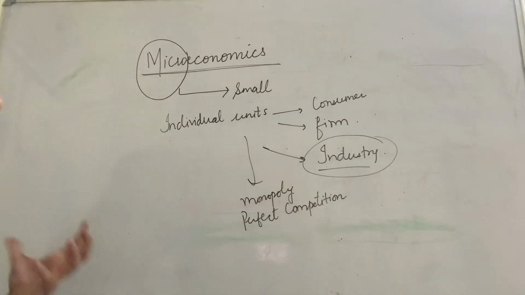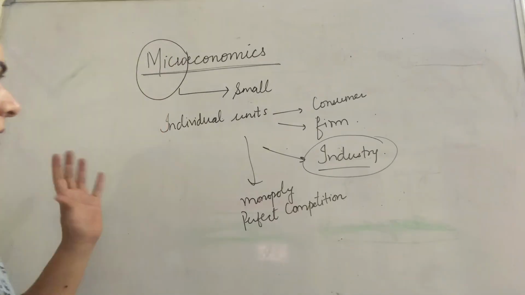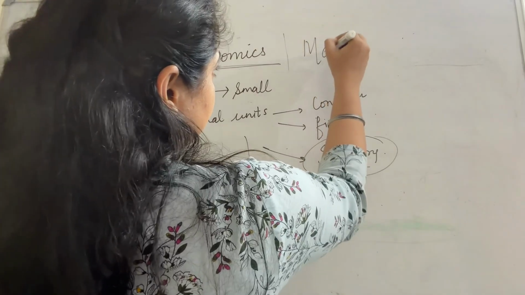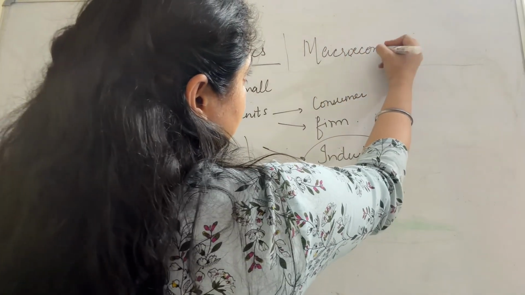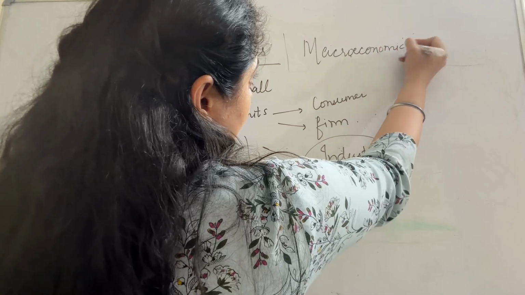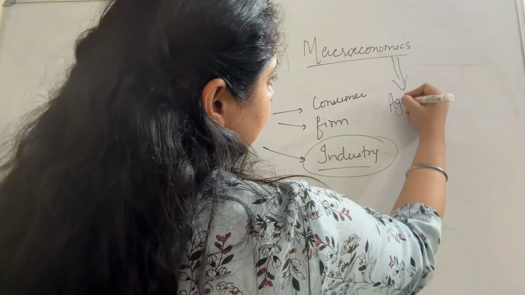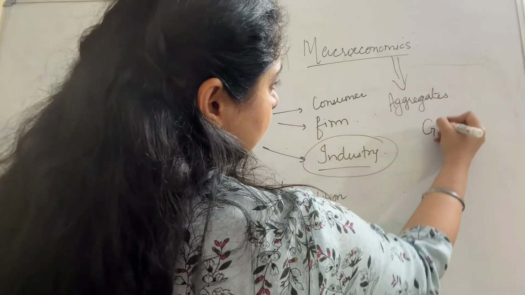When we talk about the individual units, we are not talking about the aggregates. Unlike macroeconomics, where we study the aggregates of the economy. Now, what are these aggregates? The total of output, which is termed as, let's say, GDP.